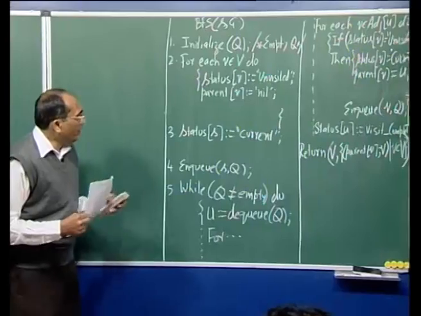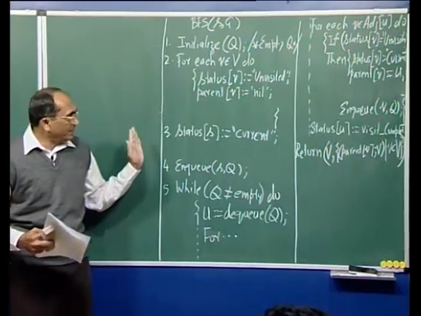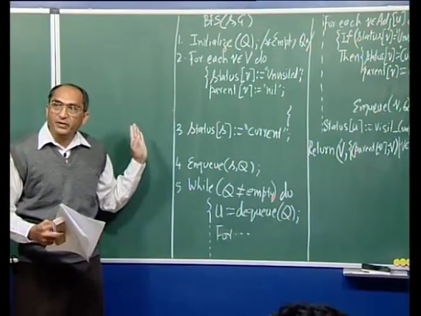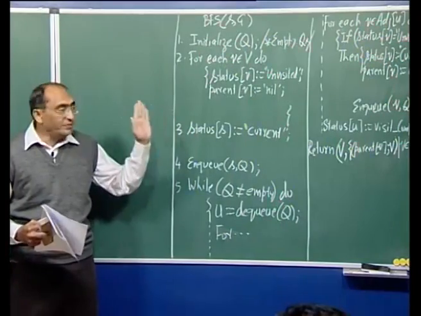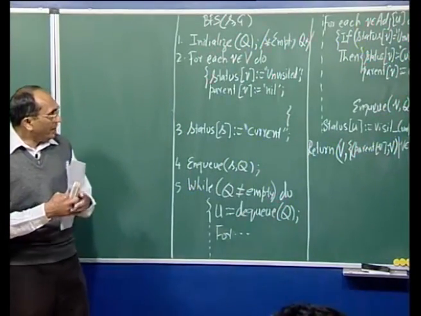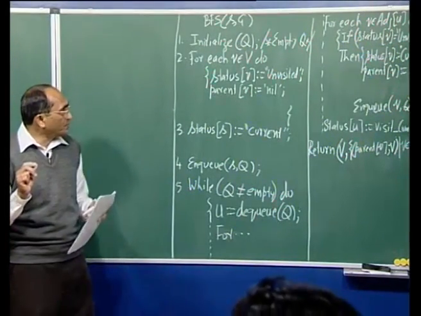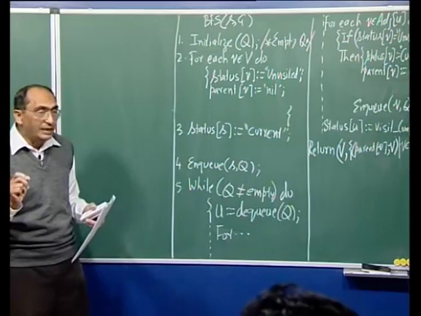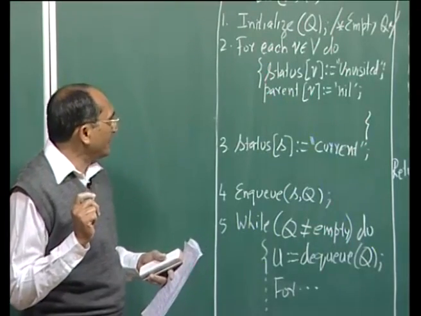Now, what we have seen here is that we discover the vertices corresponding to one wavefront. Once all the vertices are taken care of, then we move to the next wavefront and so on. So if I label the vertices with the wavefront to which they belong, then I will actually get the distance of that vertex from S.